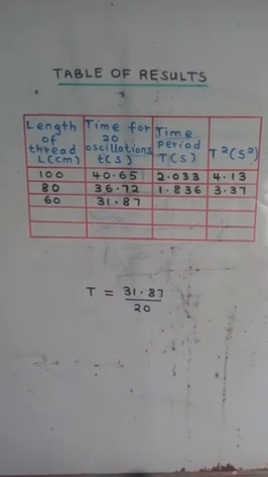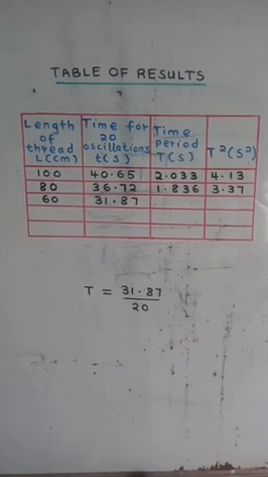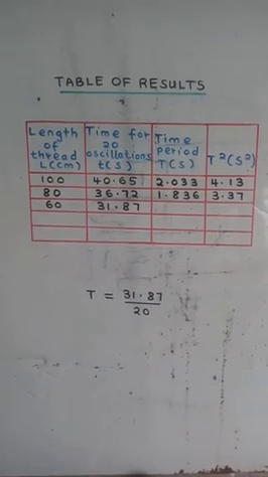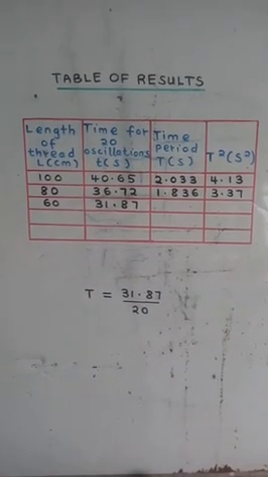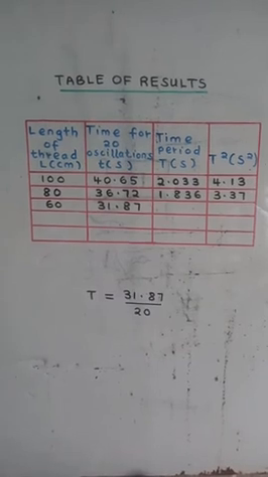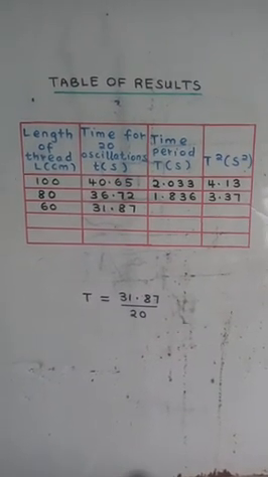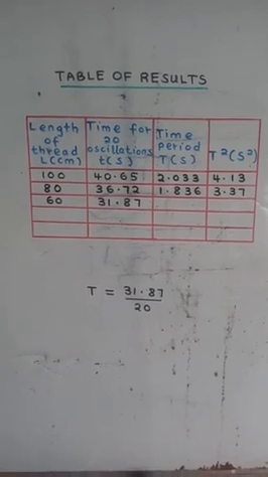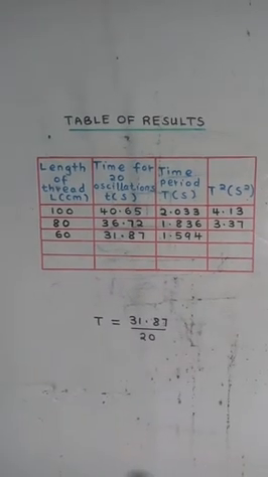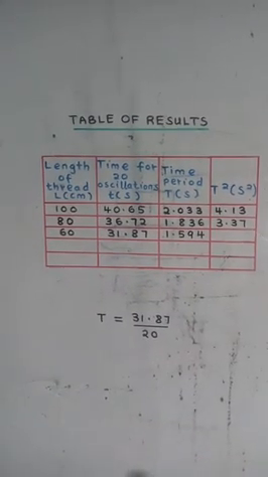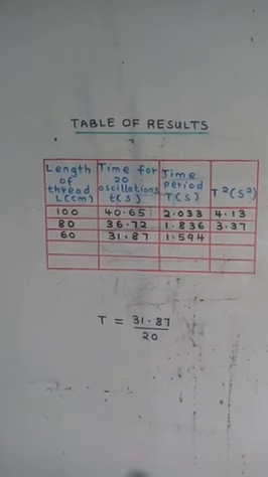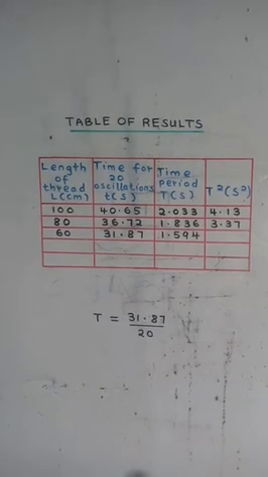Time period for one oscillation is equal to 31.87 seconds divided by 20 oscillations, which is equal to 1.594 seconds.